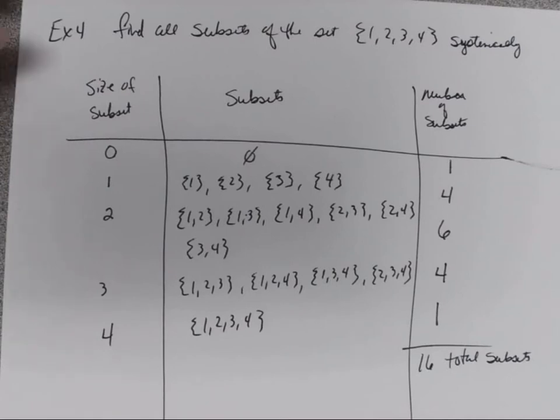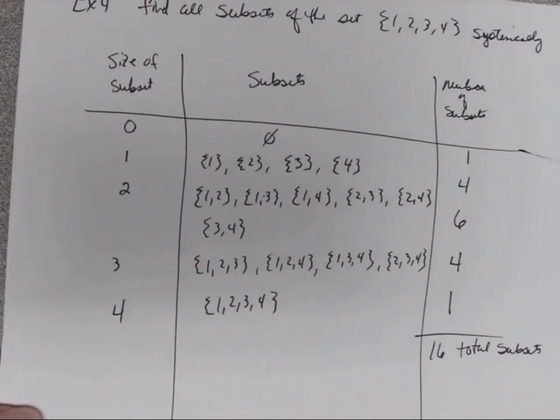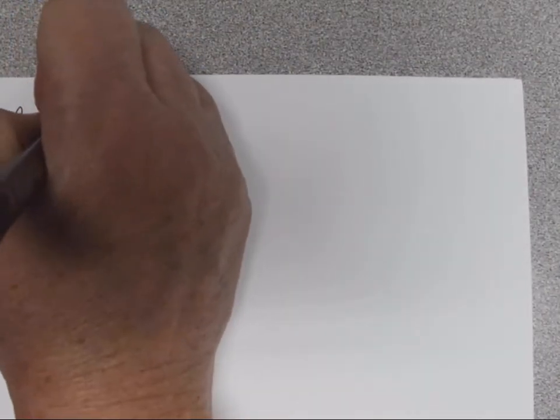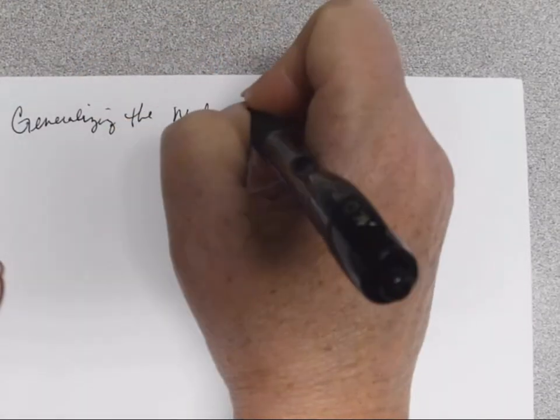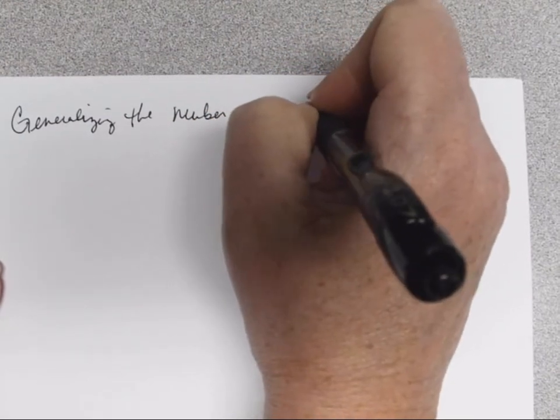I made my lines a little too long, so we'll just go to a new sheet. It's fine. So we want to generalize the number of subsets.